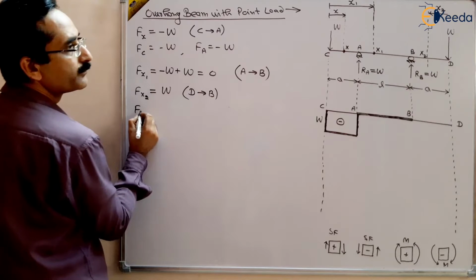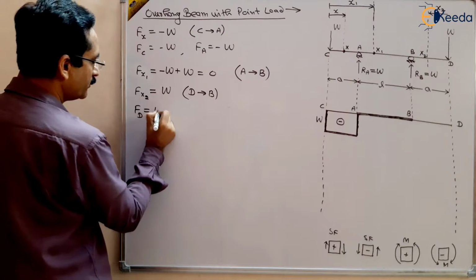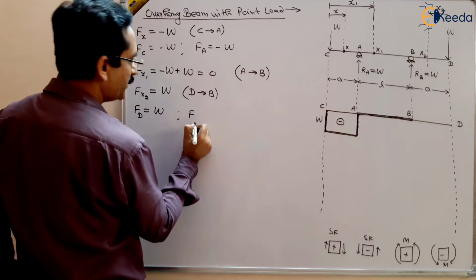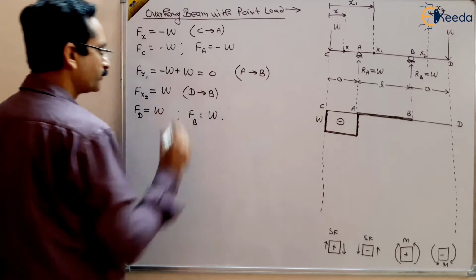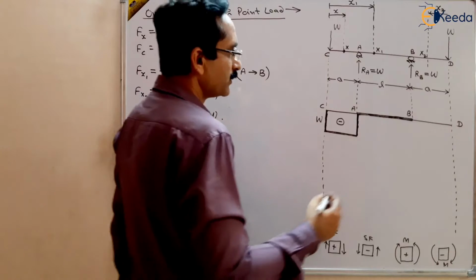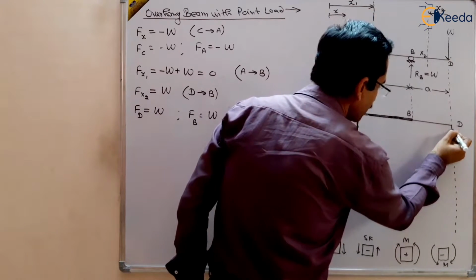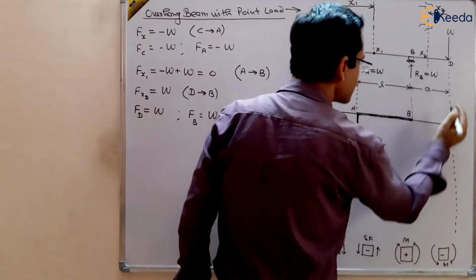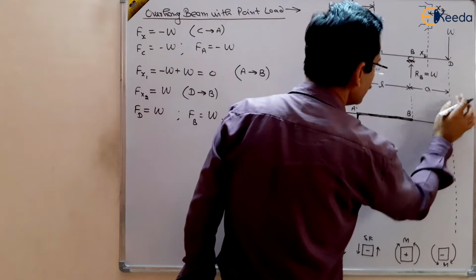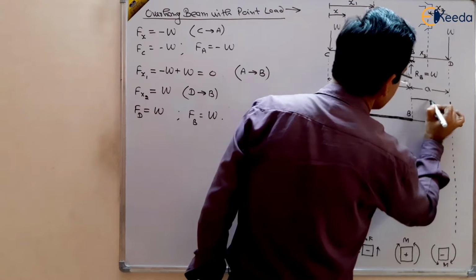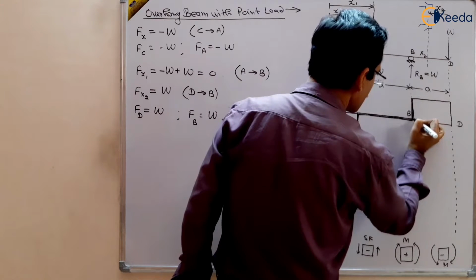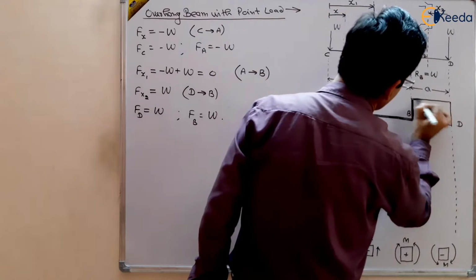So Fd will be equal to W and Fb will be equal to W, right? Because it is constant from D to B. So Fd, W is positive, so in positive sign you will go upward, W equal to W, and then this is the curve you will get.